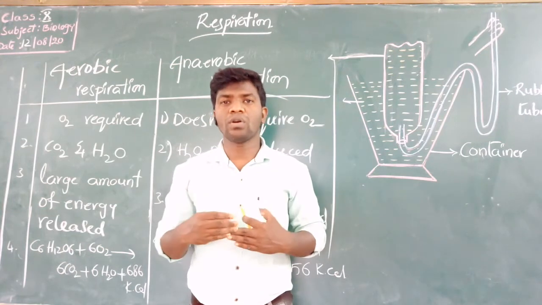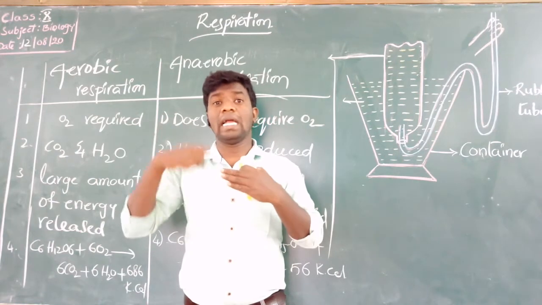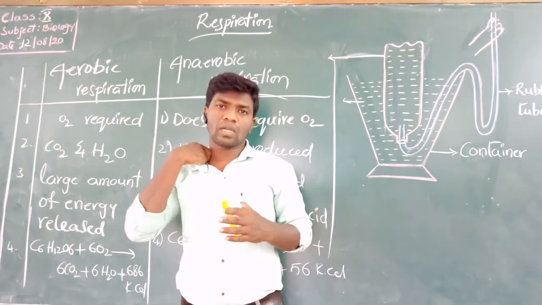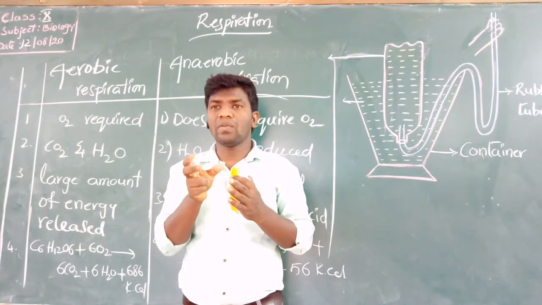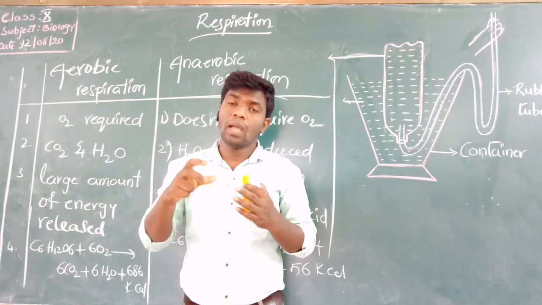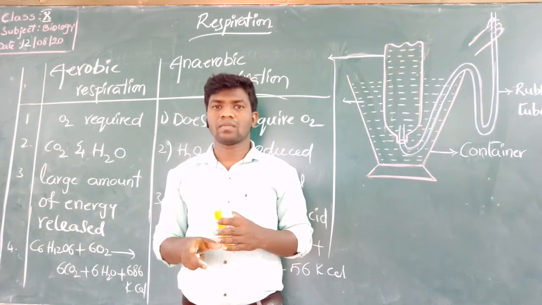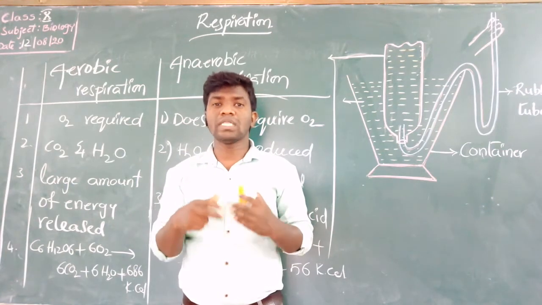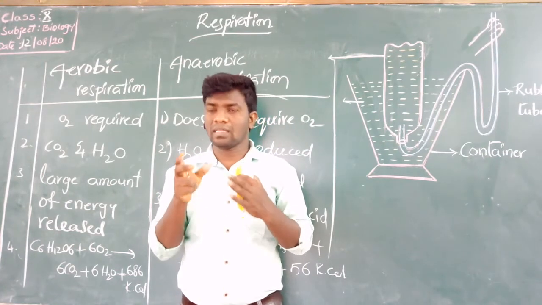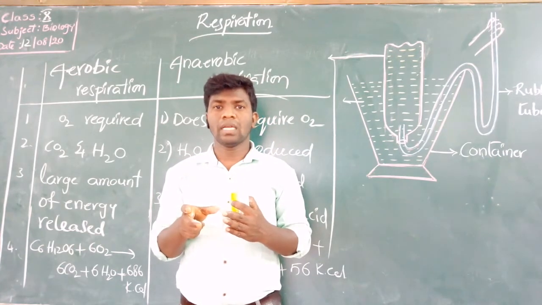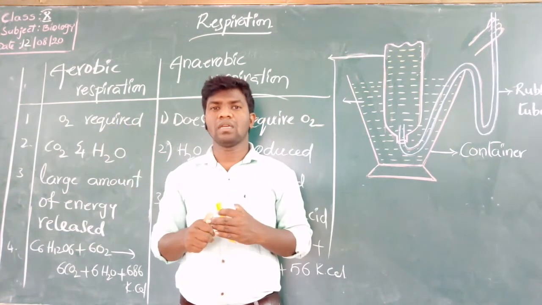In the absence of oxygen, the molecules of pyruvic acid formed at the end of glycolysis undergo incomplete oxidation to carbon dioxide and compounds like ethanol or ethyl alcohol.